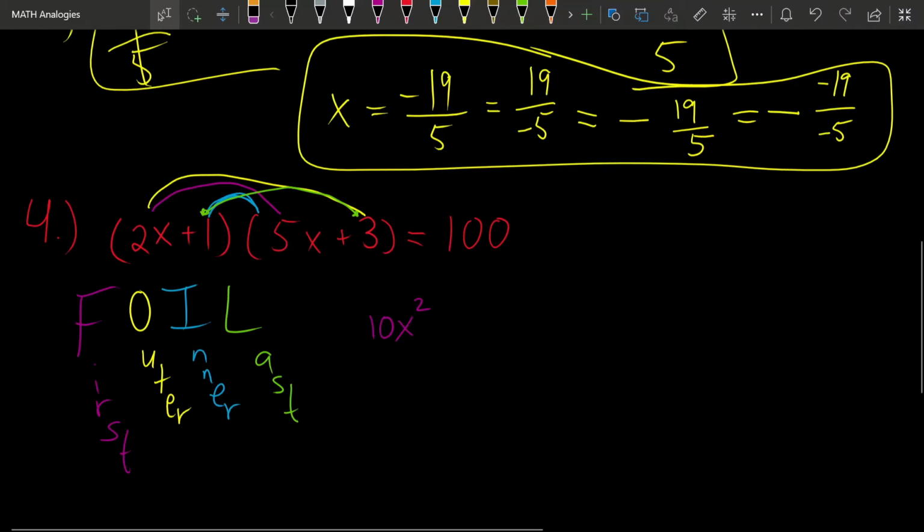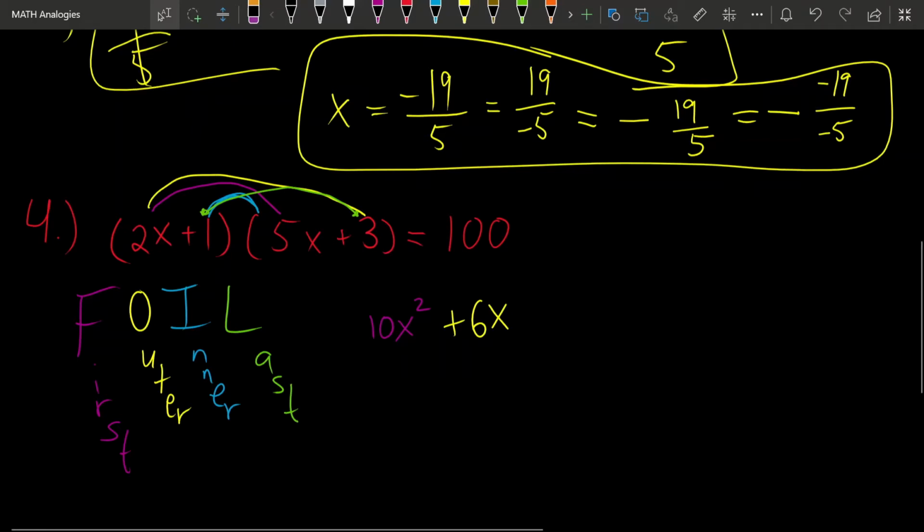Now how about the yellow line, the outer, 2x times 3? Well, that's just 6x. Two times 3 is 6, and there's only one x to account for.